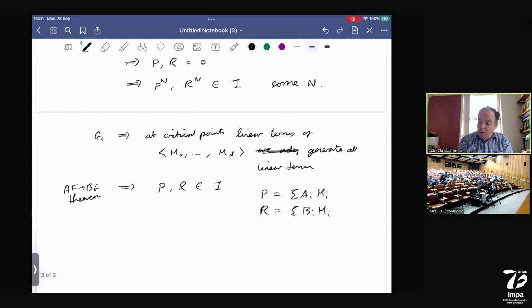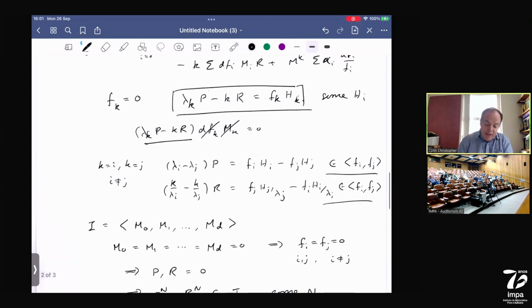And with a little bit more work, we find that in fact we need some more conditions here, which is that lambda I AI minus k times BI must be divisible by Fi, and there must be another polynomial Ci, which gives me this condition here. So this is just by taking these expressions here and plugging them back into this condition here.